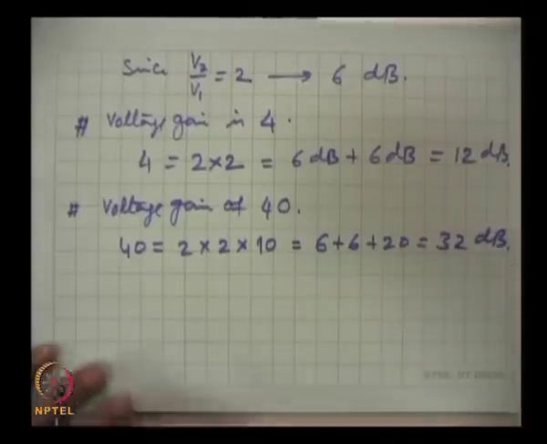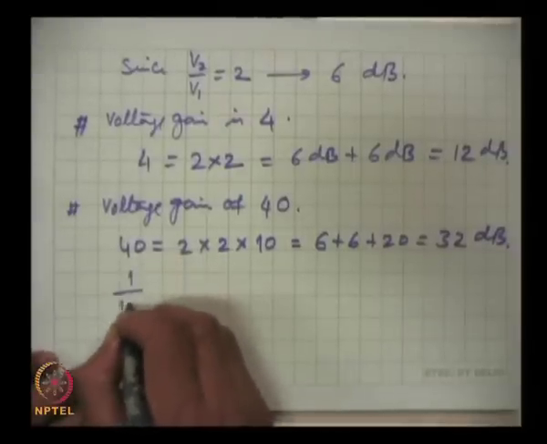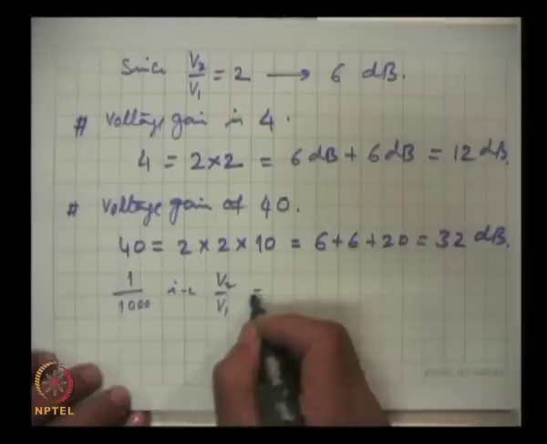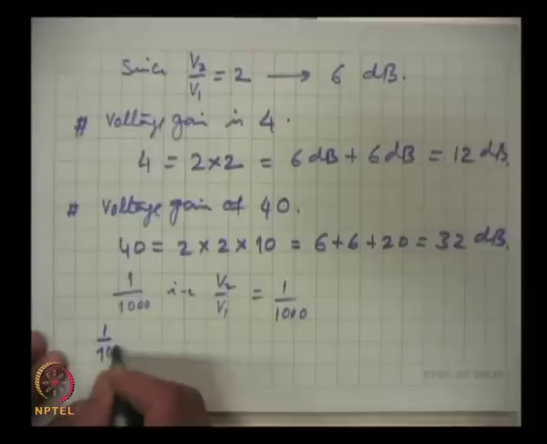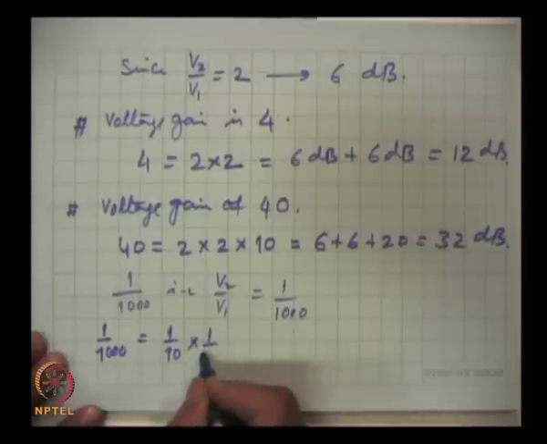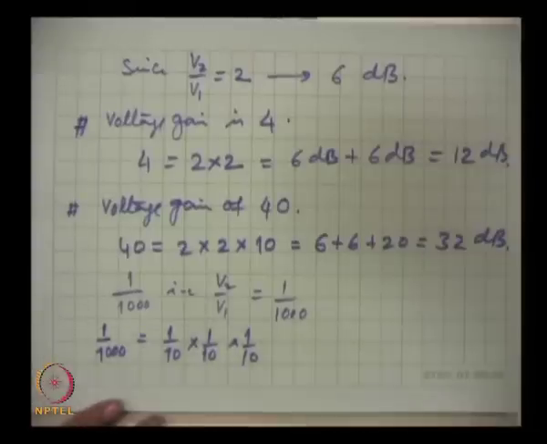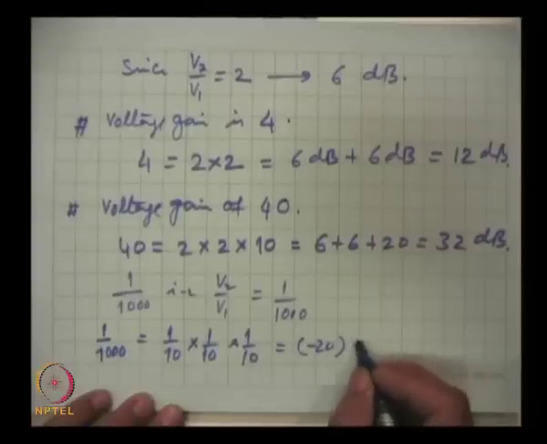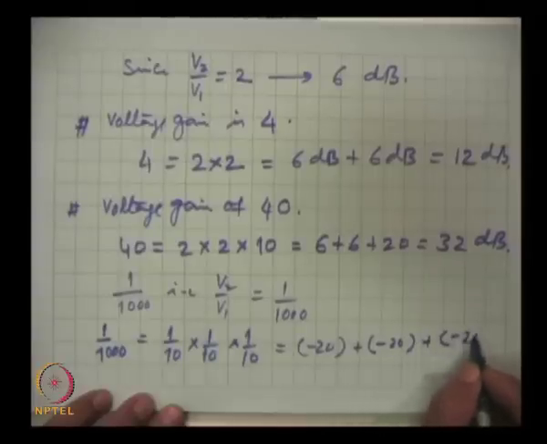If we take a fall, then let the voltage fall to 1/1000, that is V2 by V1 is equal to 1 by 1000. Now, 1 by 1000 is equal to 1 by 10 into 1 by 10 into 1 by 10, and 1 by 10 we have seen earlier, this is equal to minus 20 dB plus minus 20 dB plus minus 20 dB.